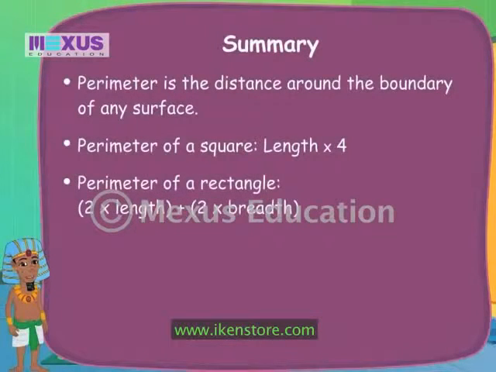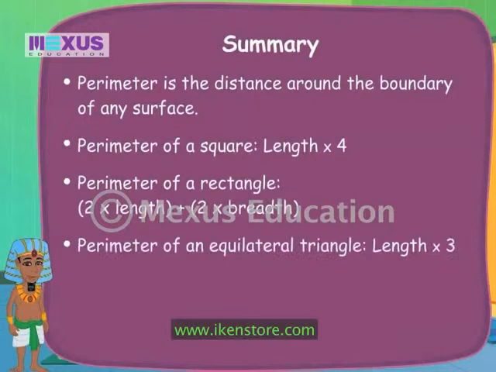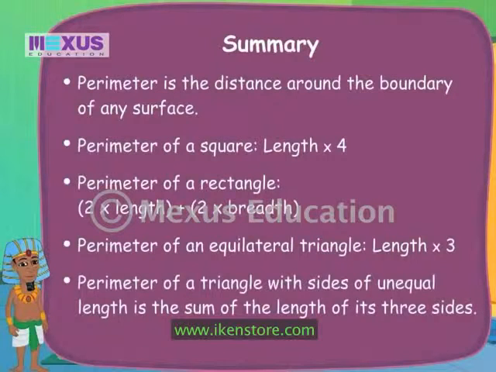The perimeter of a rectangle is 2 multiplied by its length added to 2 multiplied by its breadth. The perimeter of an equilateral triangle is the length of its side multiplied by 3. The perimeter of a triangle with sides of unequal length is the sum of the length of its 3 sides.